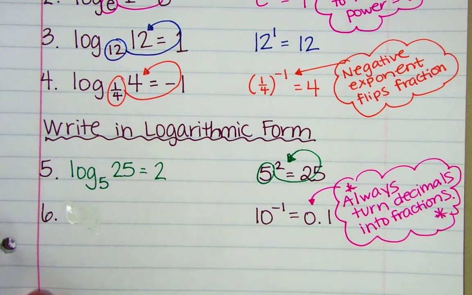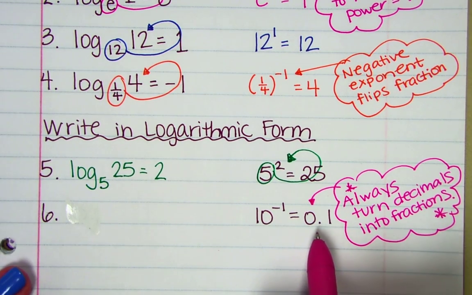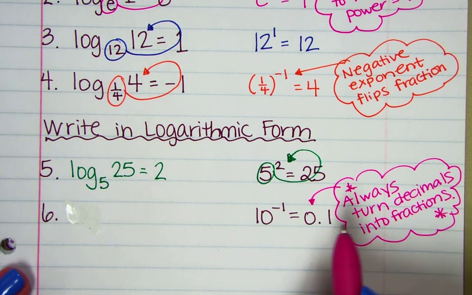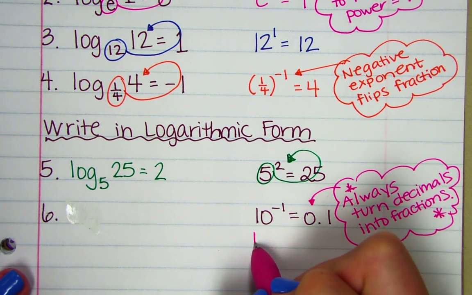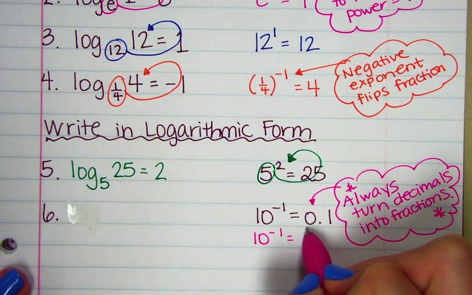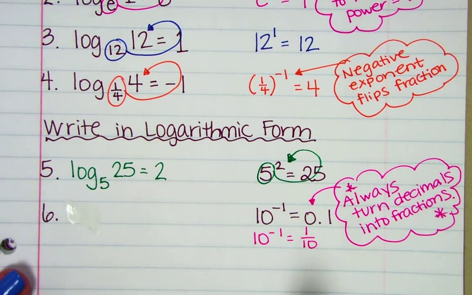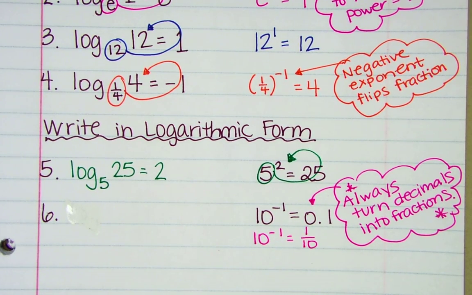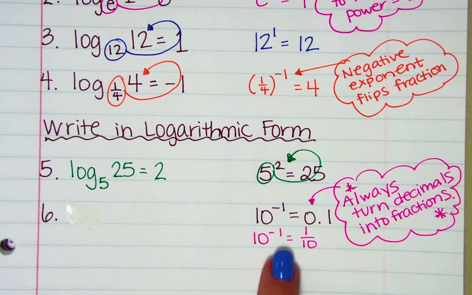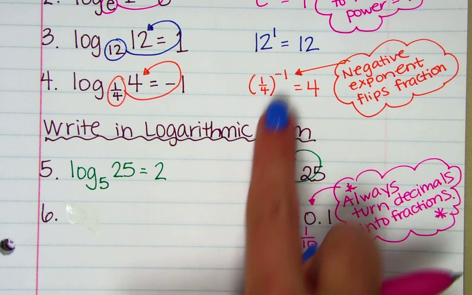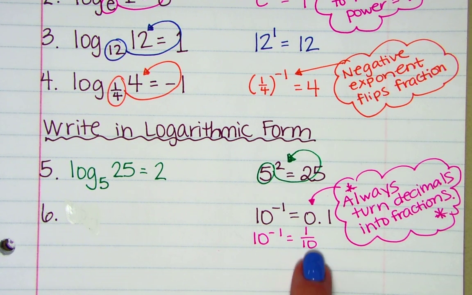Okay, so what I need you to do for me first is 0.1 as a fraction equals 1 over 10. Okay, 1/10 equals 0.1. So now we see 10 to the negative 1 flipped a fraction. It's like number 4. You see that? It's a lot easier to see how the fraction flipped when you didn't have a decimal.